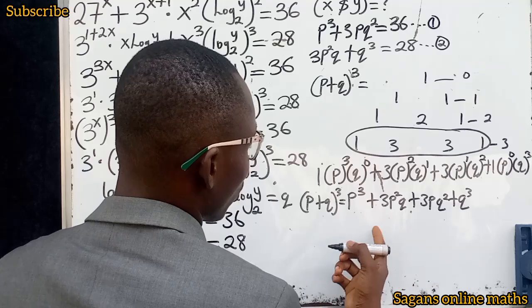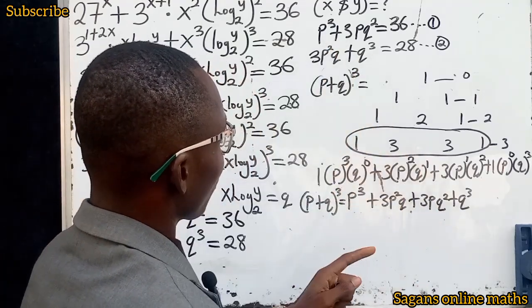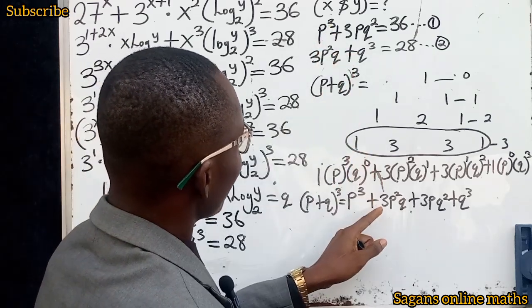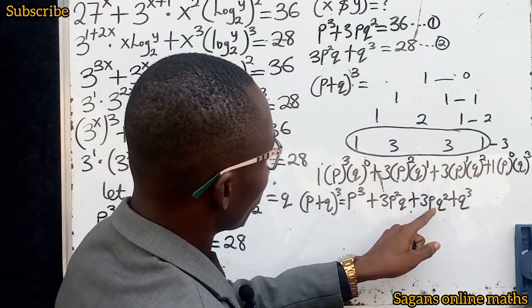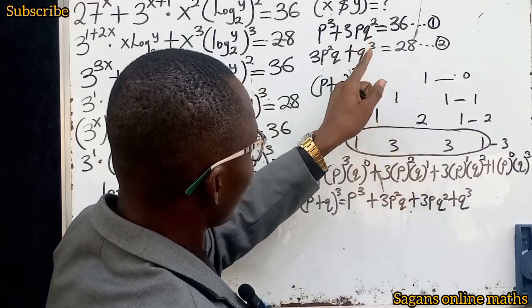Now you can do something amazing here. Let's compare this to what you're having here. You're having p to the power of 3 here, right? You're having 3p multiplied by q to the power of 2, and you're also having it here, so you can combine it.